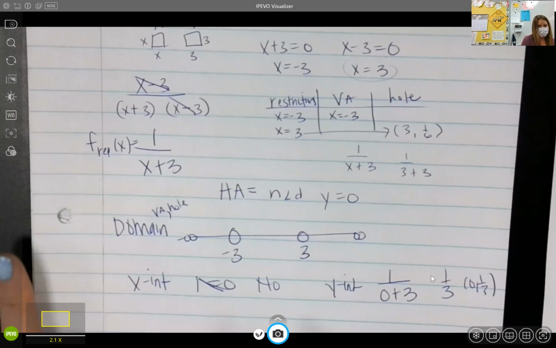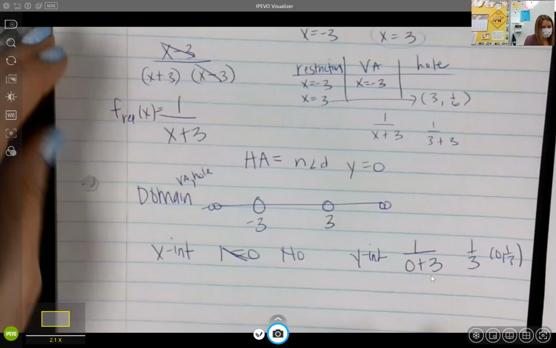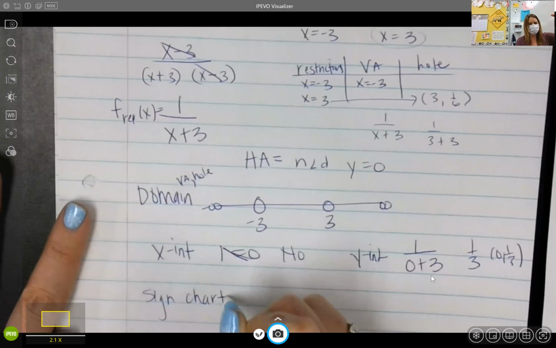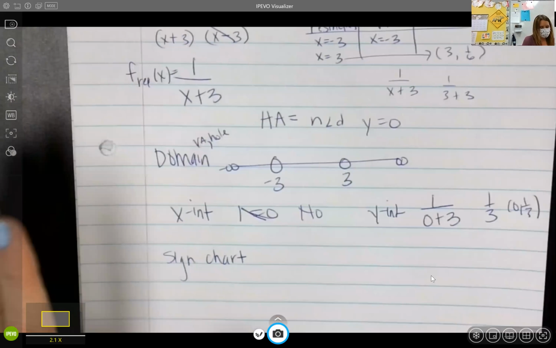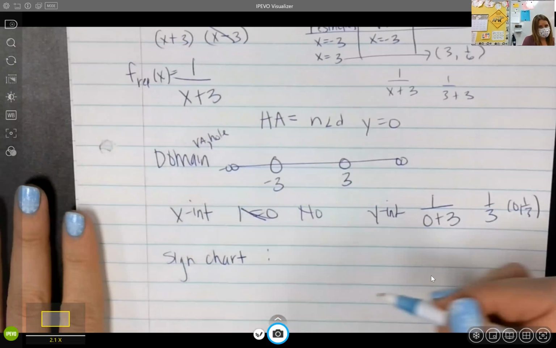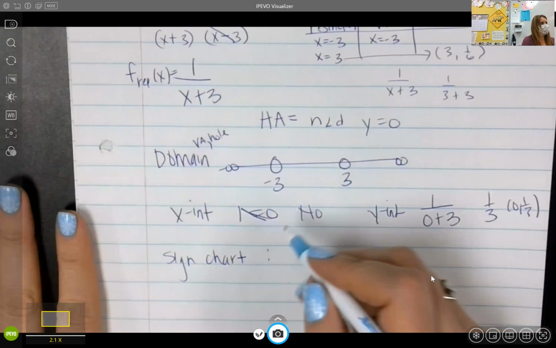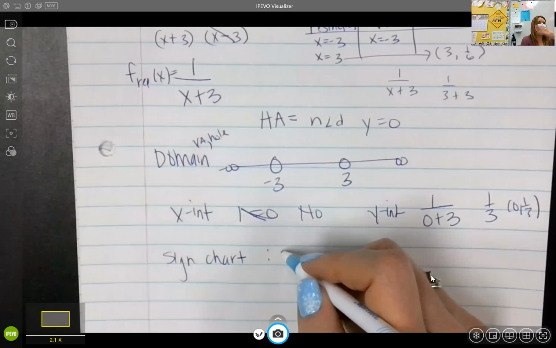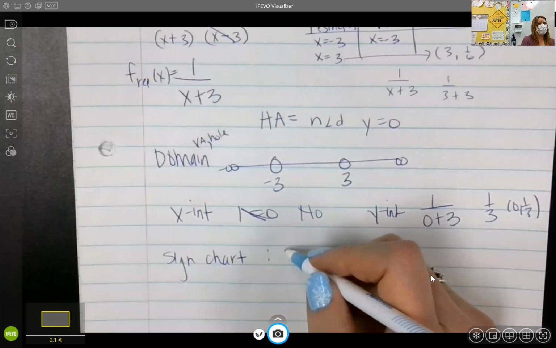Okay, let's make our sign chart. Let's see if you remember how to do the sign chart. What things do we mark on the sign chart? Everywhere it's going to touch the x-axis is where we're going to mark on the sign chart, because that's where it can change from positive to negative.